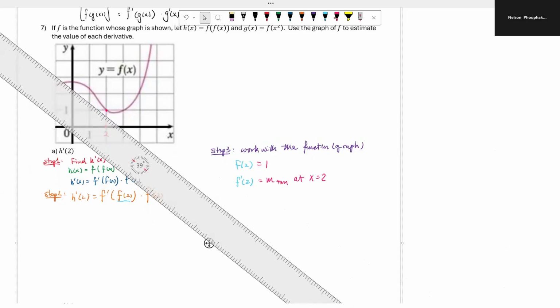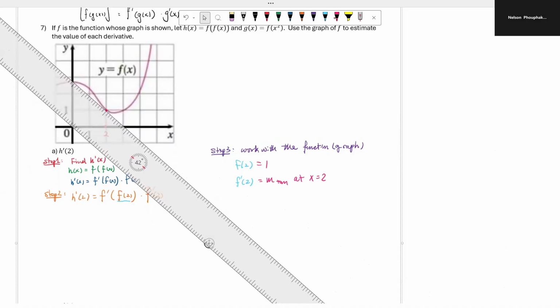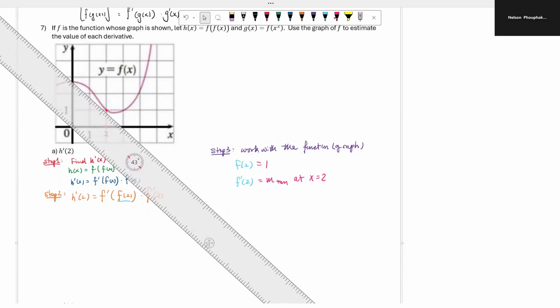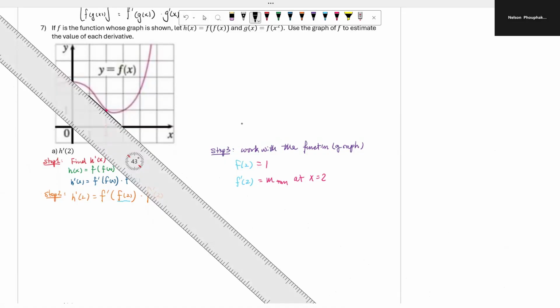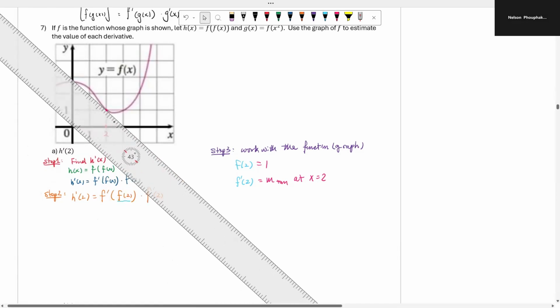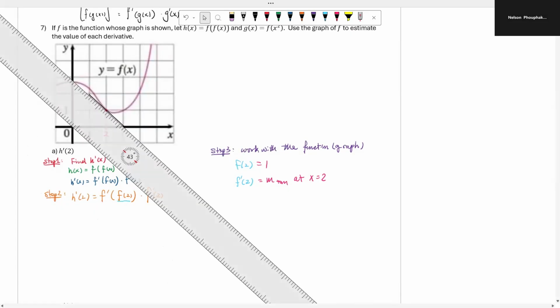Let's see if we can find a good approximation.